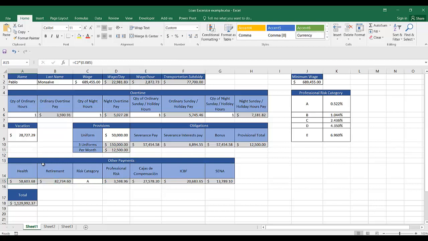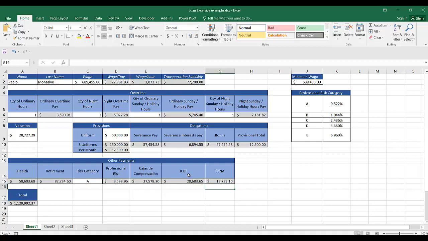And here in health, we are going to change this a little bit, because this will create a conditional statement. Okay? Here you have to create a conditional statement, the retirement plan or pension plan, the category, if it's A, B, C, or this, professional risk, cajas de compensación, ICBF, and SENA, just in case that you have one employee. Okay?